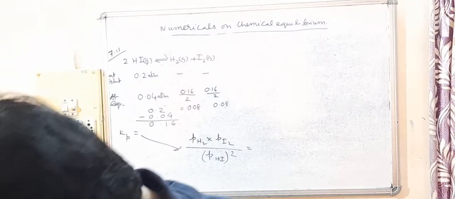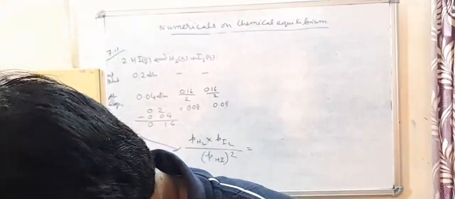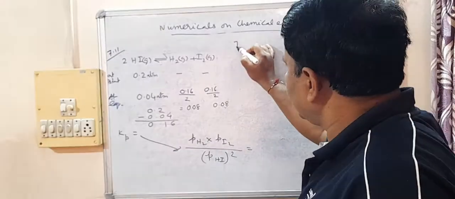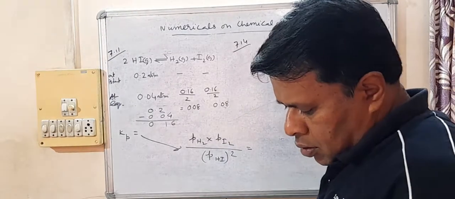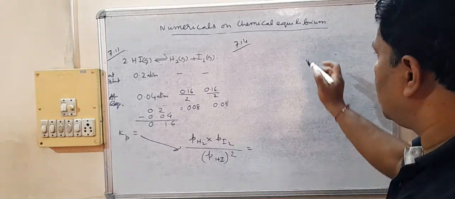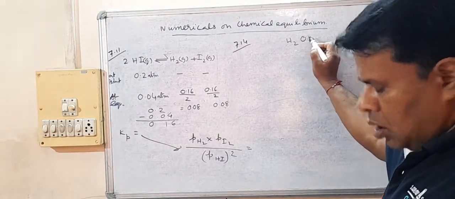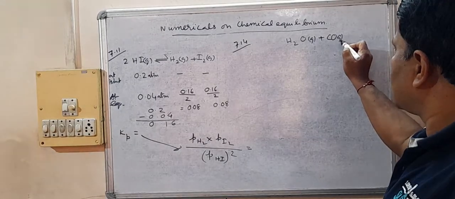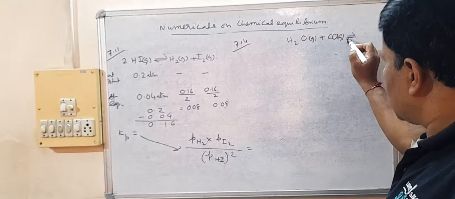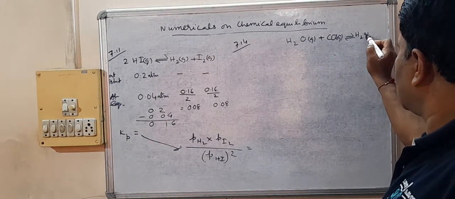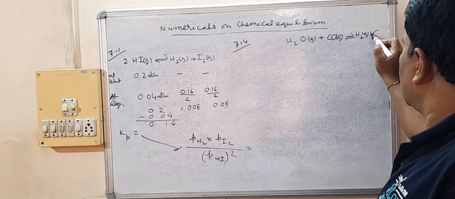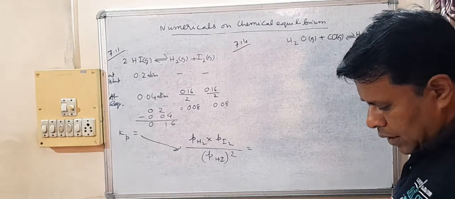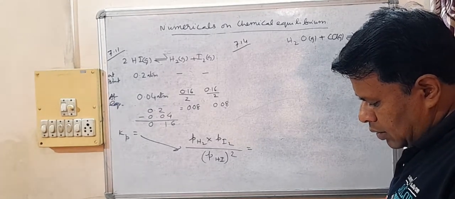That is question number 7.14. It is about this equilibrium: H2O gas plus CO gas reversible H2 gas plus CO2 gas.